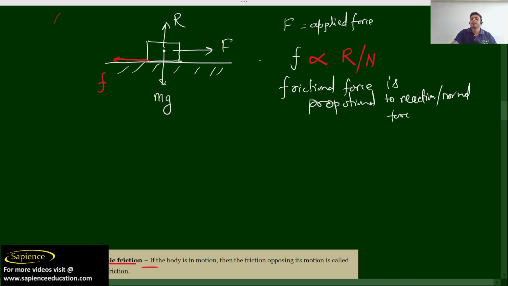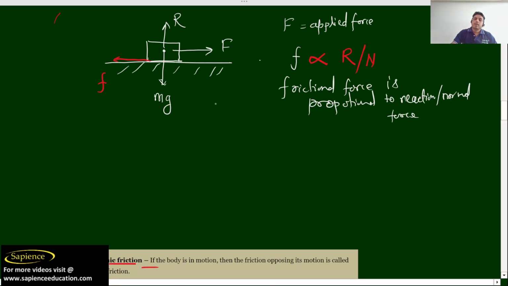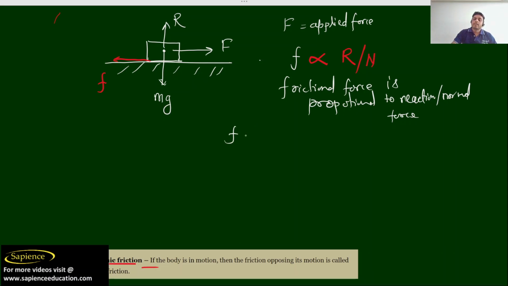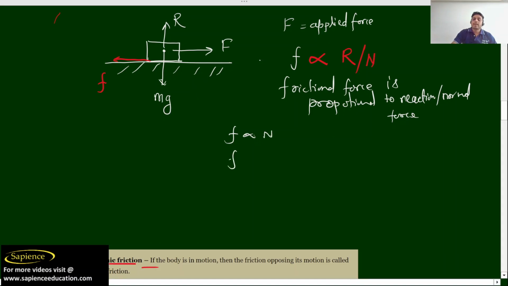Now, if f is proportional to the normal or reaction force, I will write R only. We can write f is equal to mu into R, where mu is your constant of proportionality.